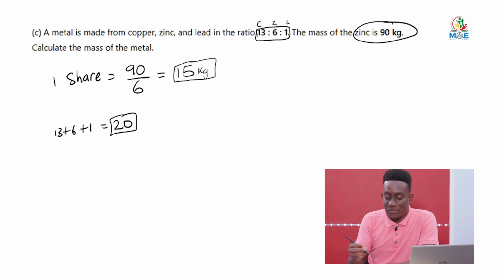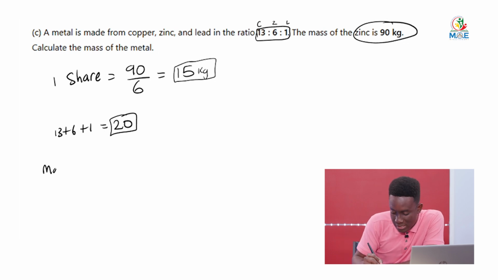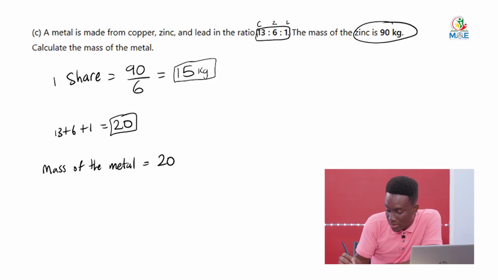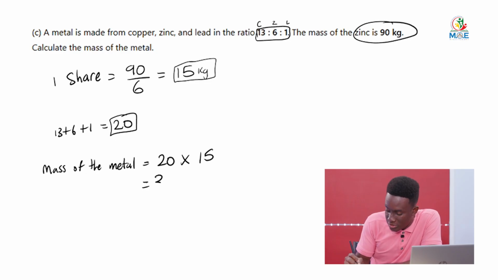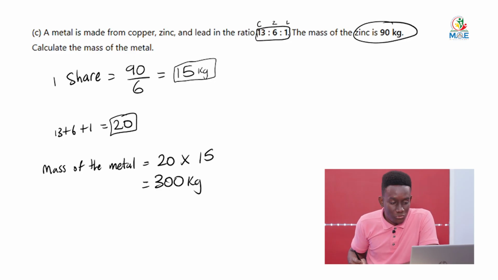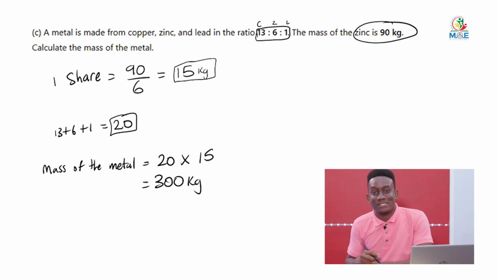So the mass of the metal will be equal to 20 multiplied by 15, which will give us 300 kg. So the mass of the metal will be 300 kg, and that is how we answer this question.